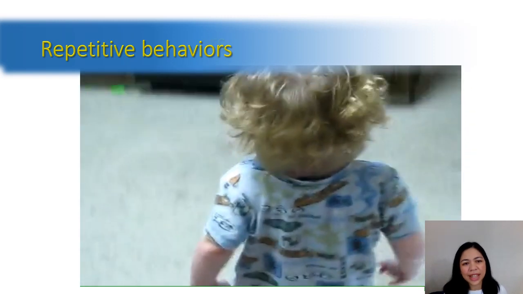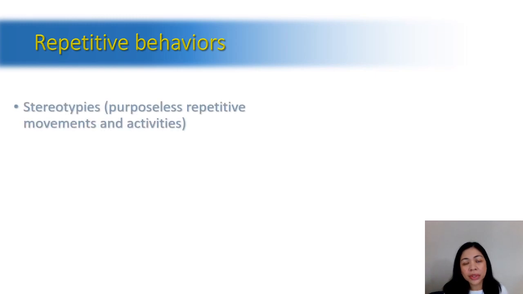So that's an example of what we call stereotypical behavior, or what to us may seem purposeless, repetitive movements and activities. But to the child or individual with autism, this stereotypical behavior often makes them happy or calm. So that's usually the purpose.